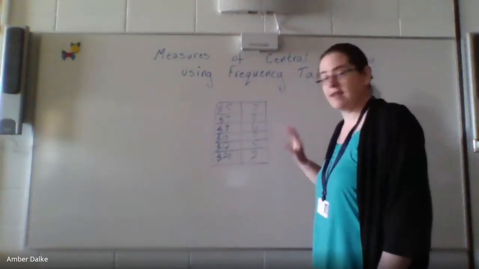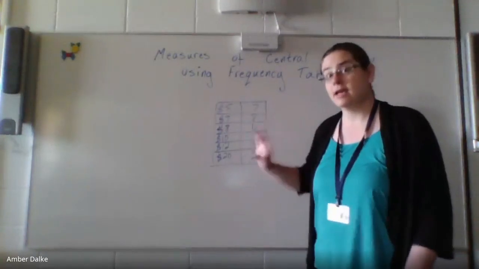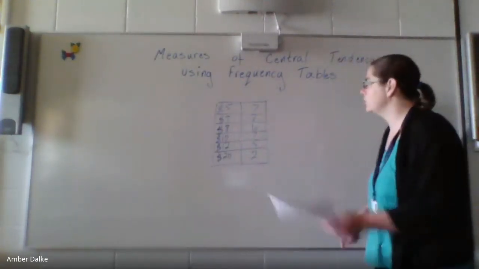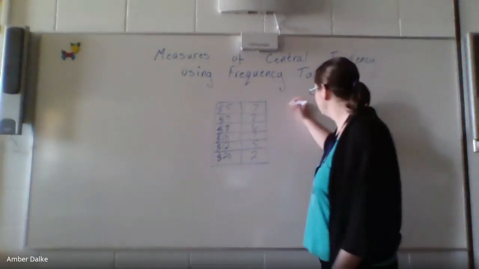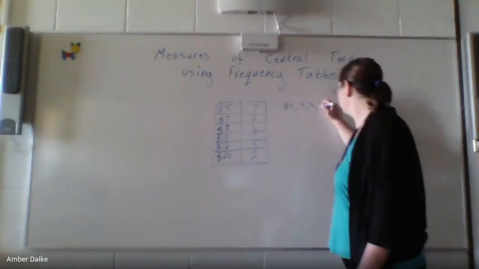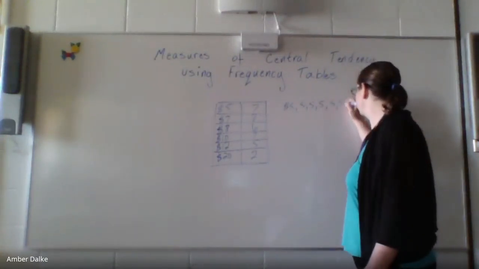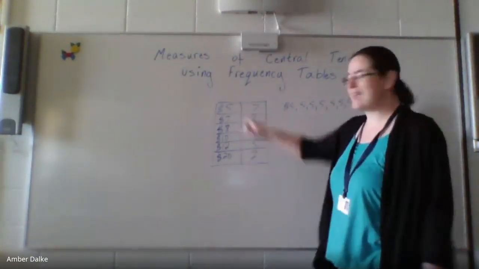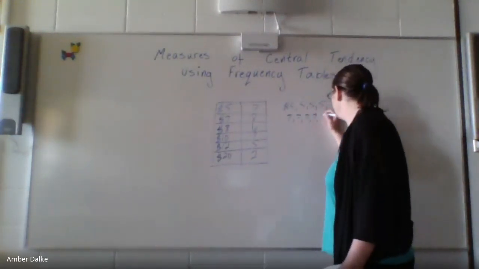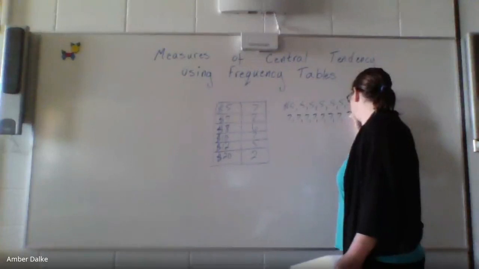If you looked at this as a raw data set, here is what it would look like. And bear with me because this is going to take me a little while to write down. We have 7 $5. 3, 4, 5, 6, 7. We have 8 $7 pairs of shoes. 1, 2, 3, 4, 5, 6, 7, 8.